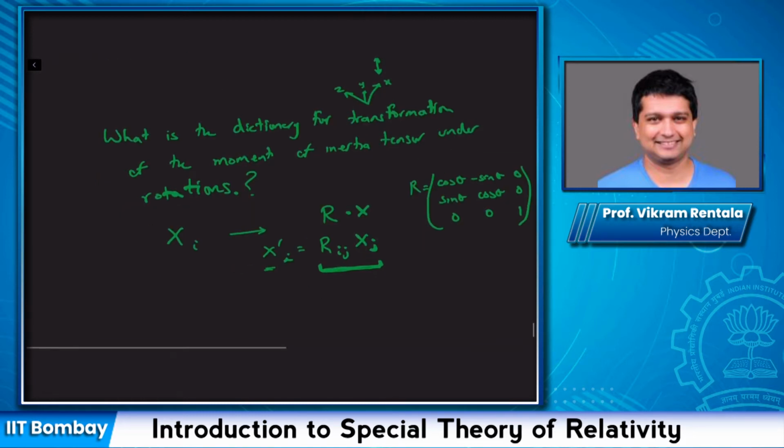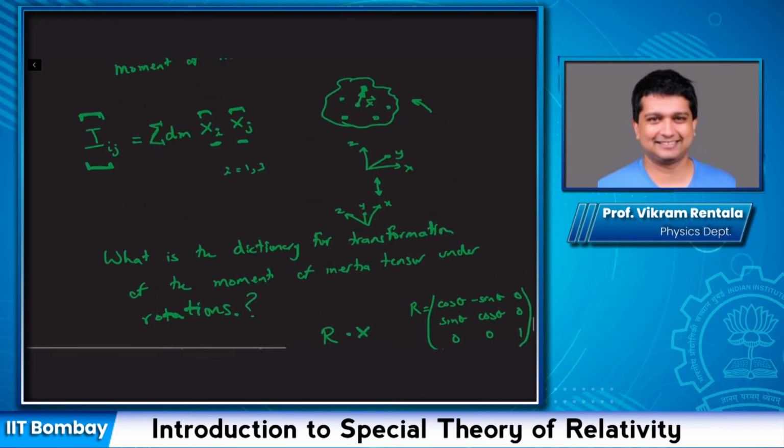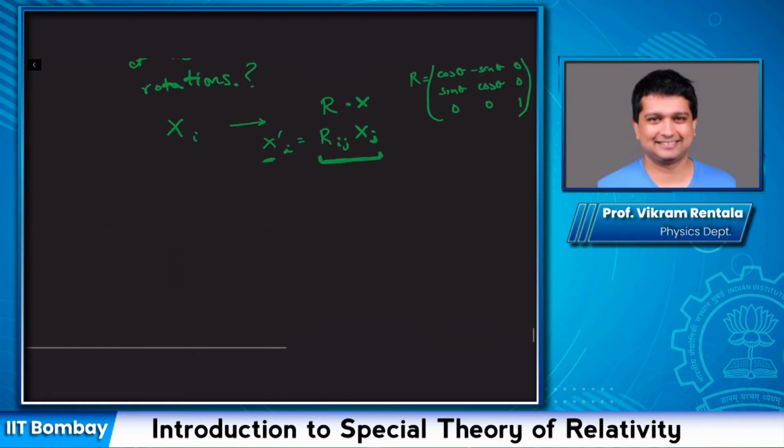Given the rule for how x transforms, we can figure out the rule for how I would transform. So if we have I_ij, which is the summation over the mass elements of x_i x_j, note that the mass elements don't transform under rotation, which is important because we only need to transform the x_i's.